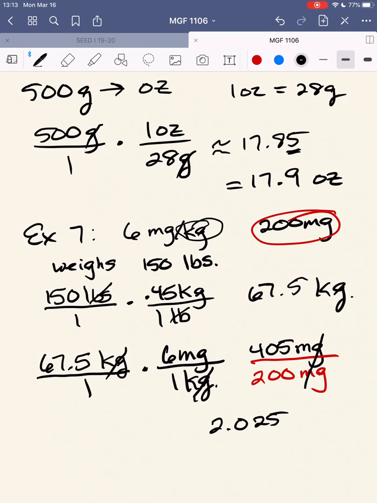We're not going to obviously give them this little decimal of a tablet, so they're going to get 2 tablets as their dosage. And there's another example for you to try, example 8 on page 86. I'll see you back in a little bit, and we're going to cover temperature, and that's the end of chapter 9.